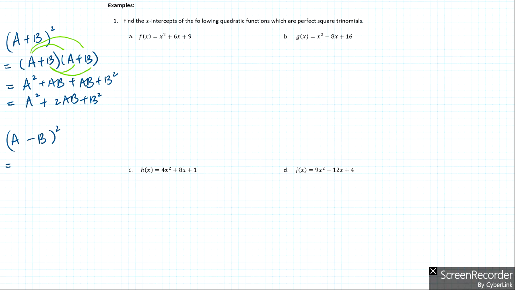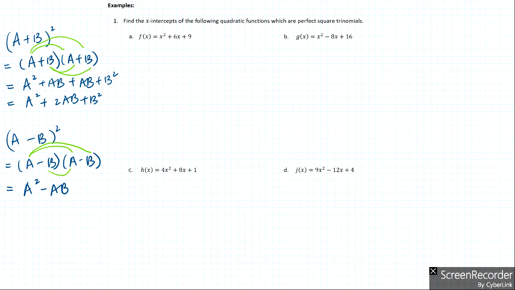Again, we would have a minus b times a minus b, because that's what the squared power means. Using the FOIL process, first a times a gives us a squared. Then outside, a times negative b is negative ab, and inside, negative b times a.